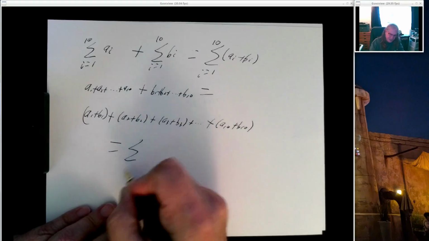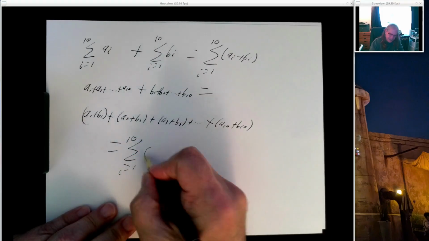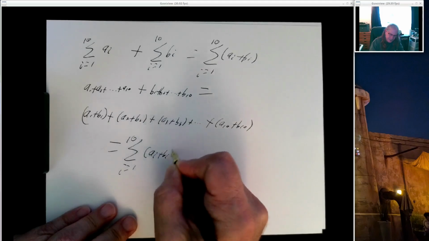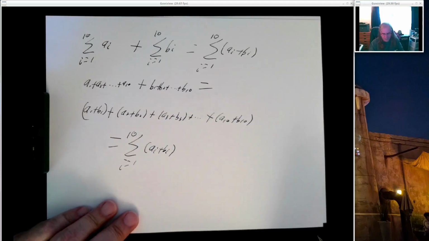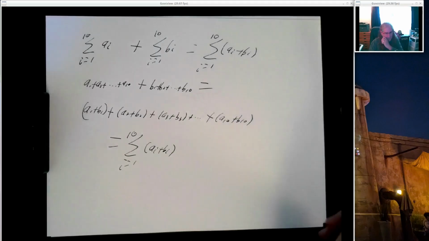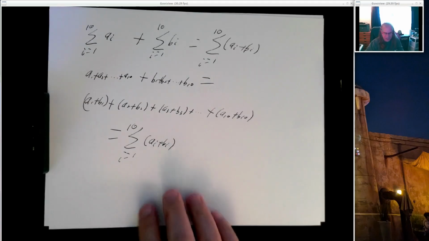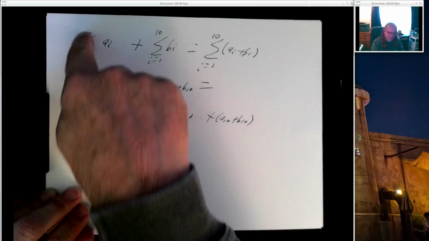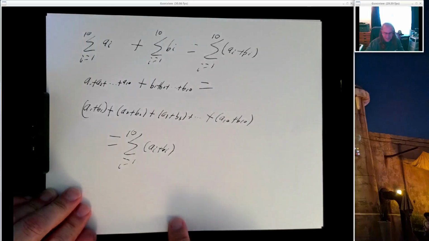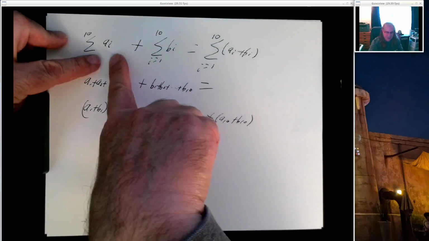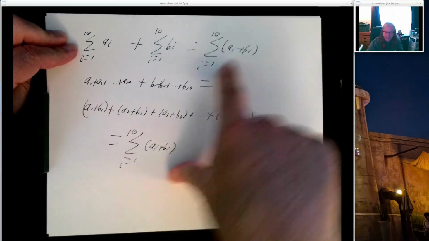And that's just the sum from i equals 1 to 10 of a_i plus b_i. So it's easy to demonstrate, at least for fixed cases like this, that we can bring these two things together into a single summation.